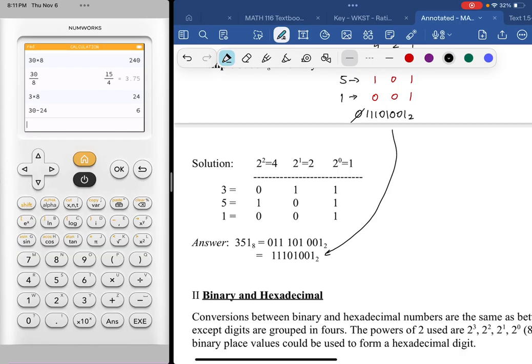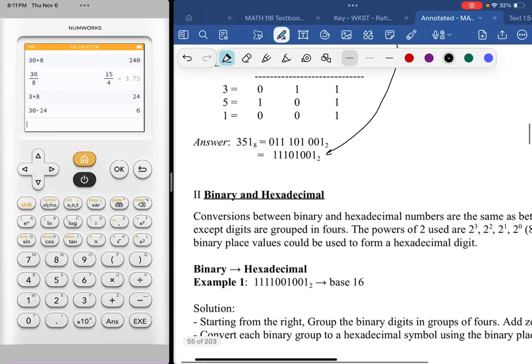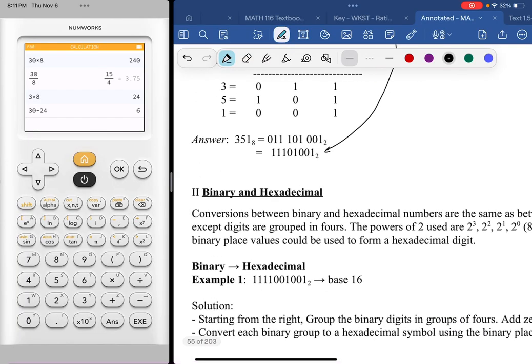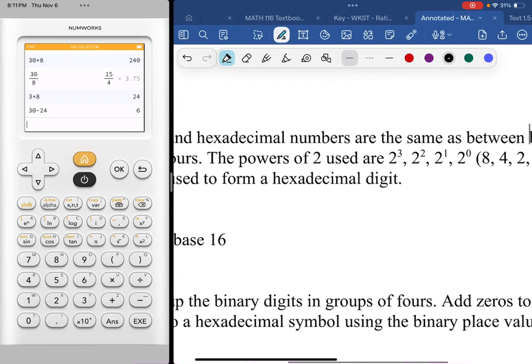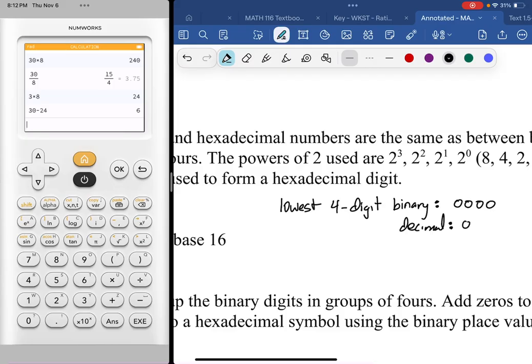Same idea for going binary to hex and vice versa, except we're working in groups of 4. All right. And again, the idea here is if I have the lowest 4-digit binary number, it would be 0, 0, 0, 0, which in decimal form would be 0.